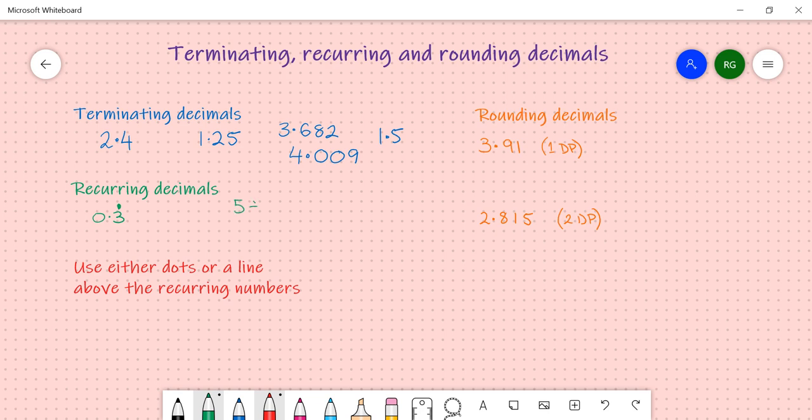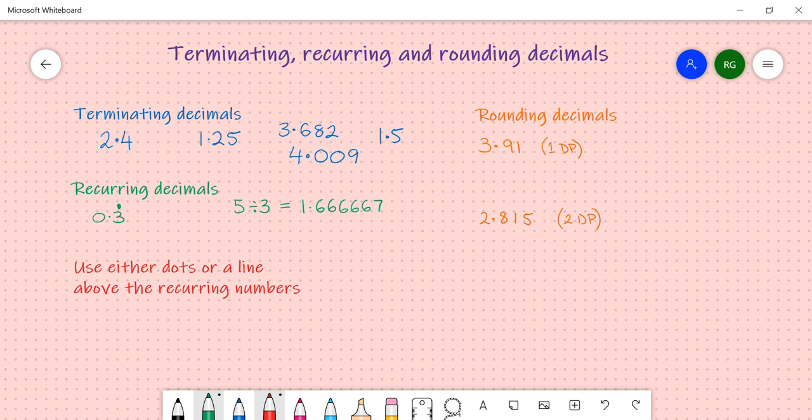Another example is if you have 5 divided by 3, that will equal 1.666. You might get the idea, it goes on forever. If you put that in the calculator, at the end it will often say 7. That's not because the number terminates there, it's because the calculator rounds up.